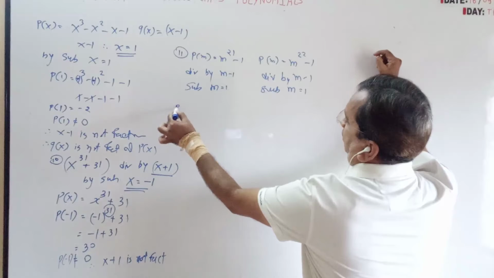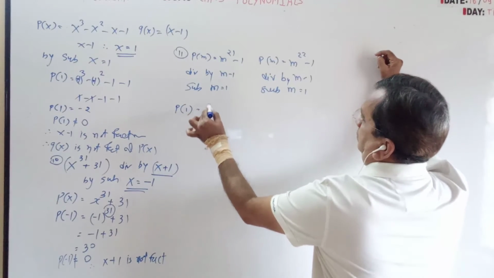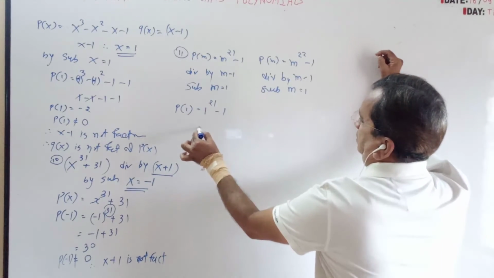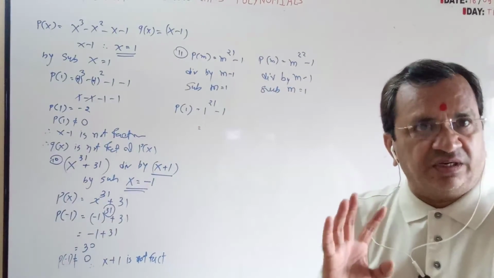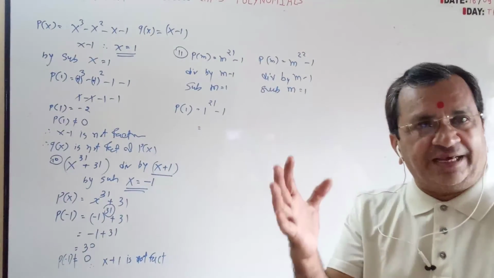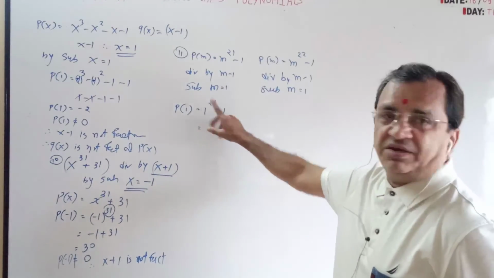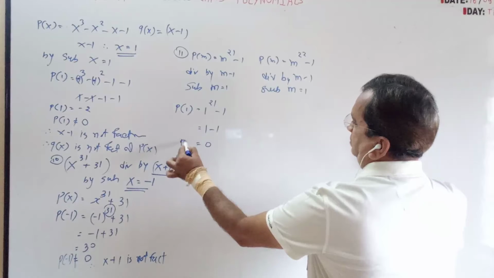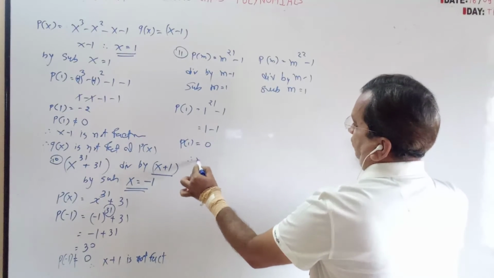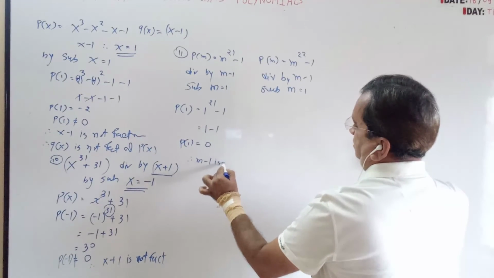So substitute 1. 1 raised to 21 minus 1. 1 raised to an odd time or even time, the overall answer is 1. 1 minus 1 is 0. Therefore m minus 1 is a factor.